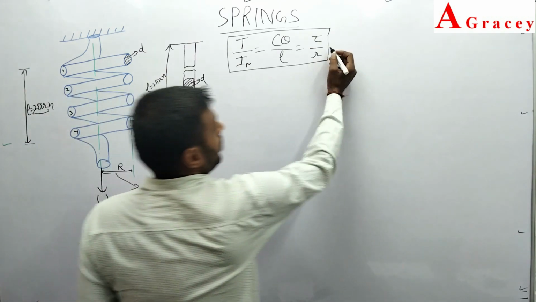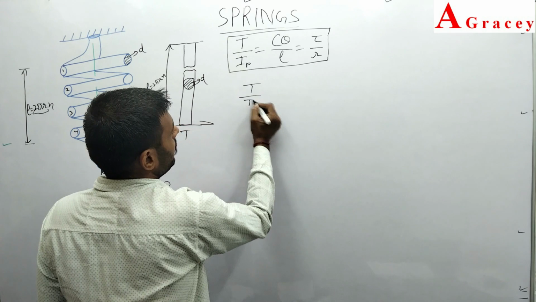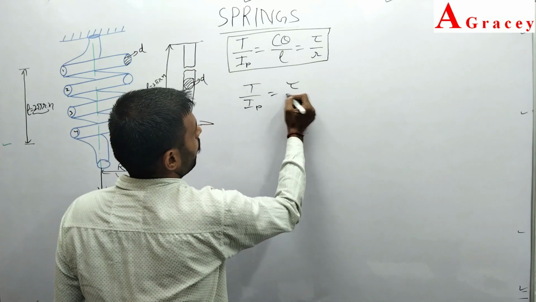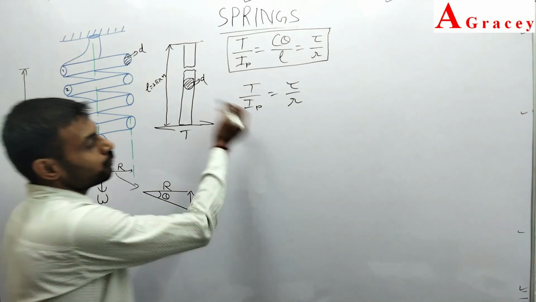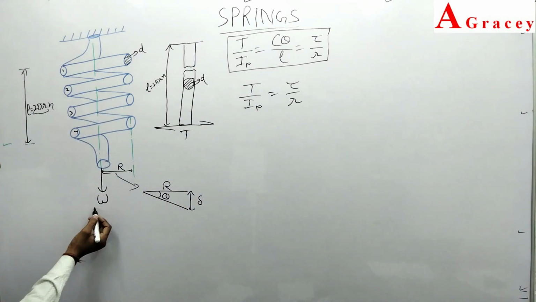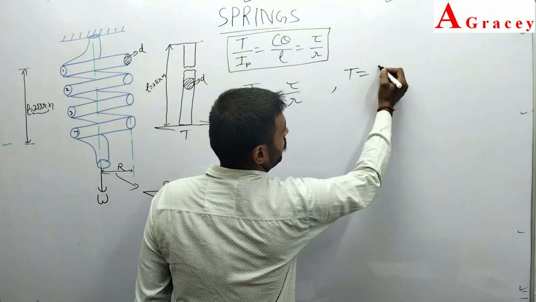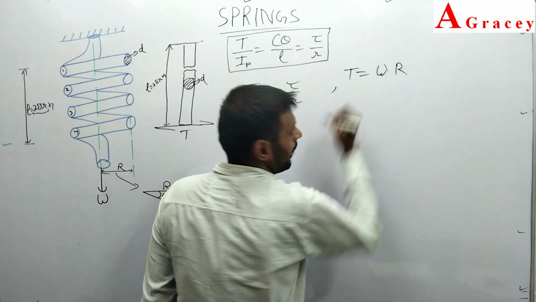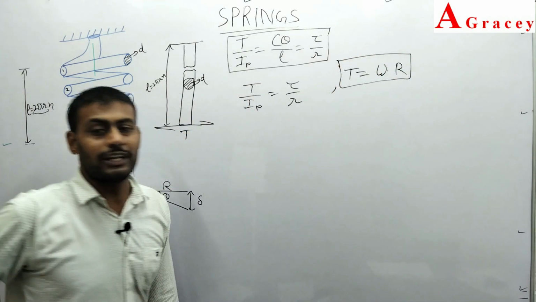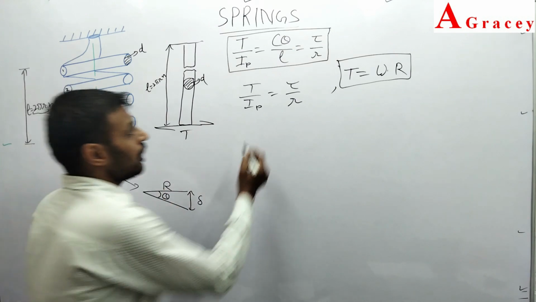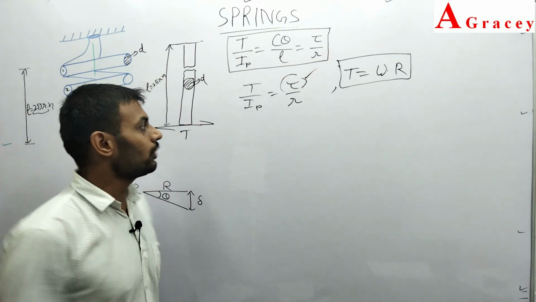So from the torsion equation, we can equate these two: T by IP is equal to tau by R, where the torque is applied here. Due to the loading condition, a torque is produced here, and T is equal to load into R, where R is the mean radius. So T is equal to W into R. Now from this equation we can identify the shear stress due to the torque.